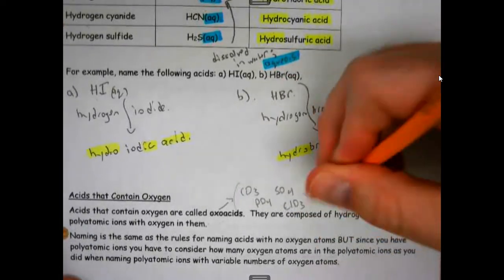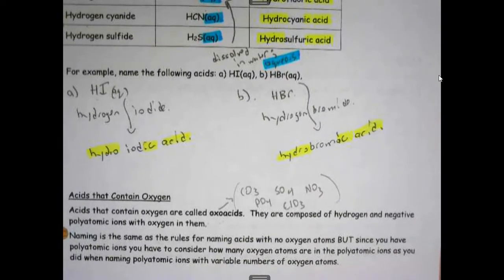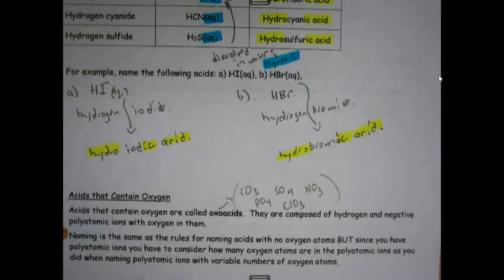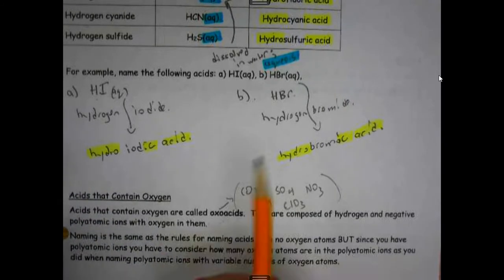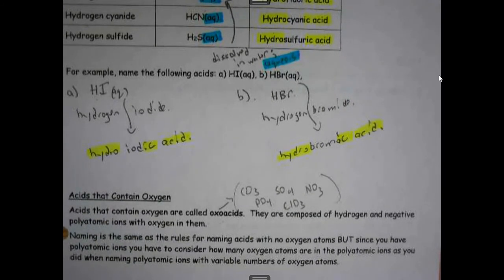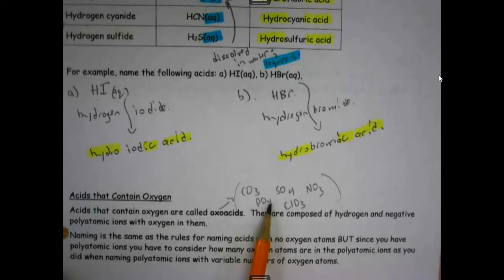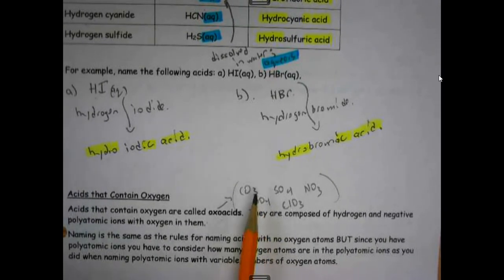All of these are going to be part of this whole oxoacid naming system. The naming rules are kind of the same, but since they have that polyatomic, we have to consider how many oxygens they have. So remember, carbonates, percarbonates, carbonites, and so on, that's all going to come into play as well.